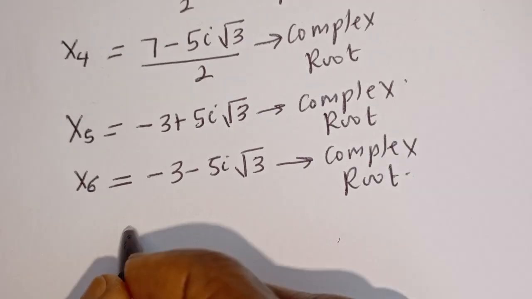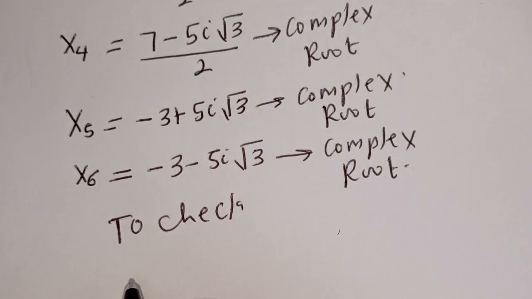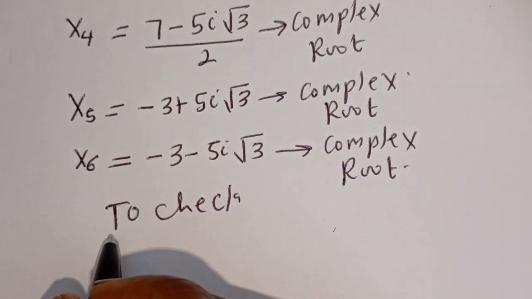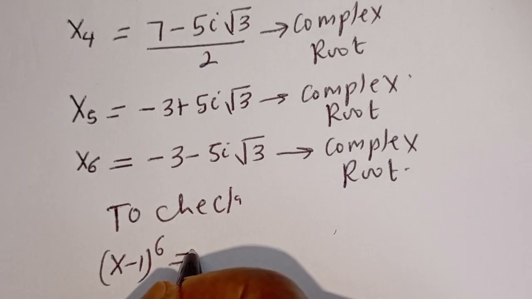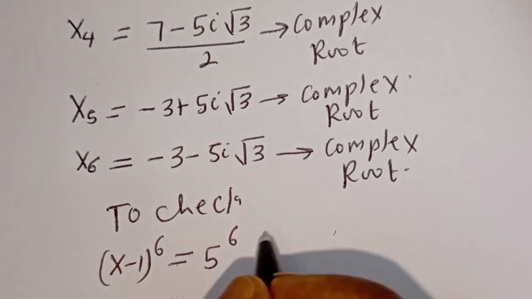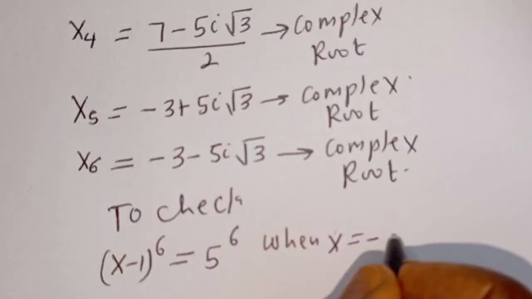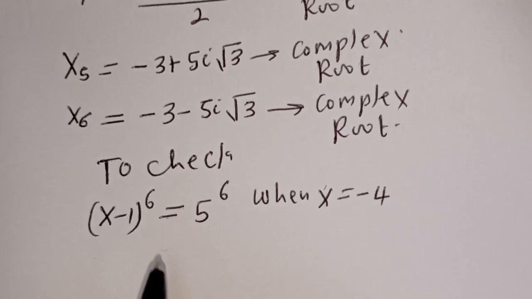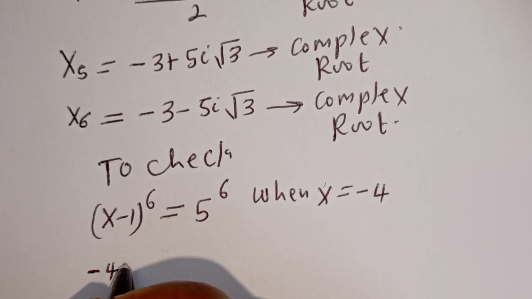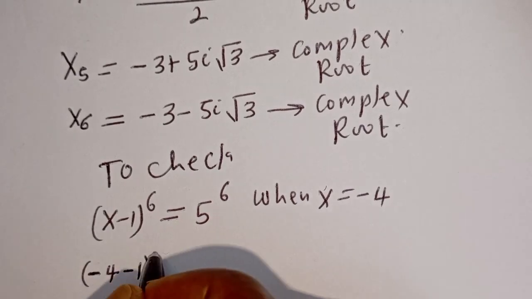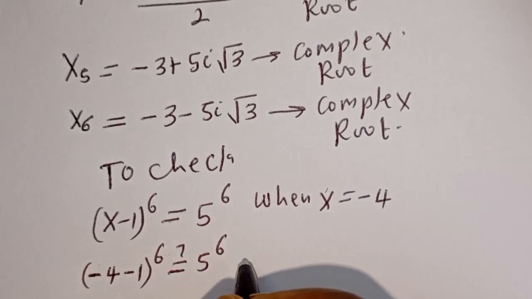Let's check. To check, we have the given equation x minus 1 to the power of 6 is equal to 5 to the power of 6. Then when x is equal to minus 4, this is minus 4 minus 1 to the power of 6 must be equal to 5 to the power of 6.